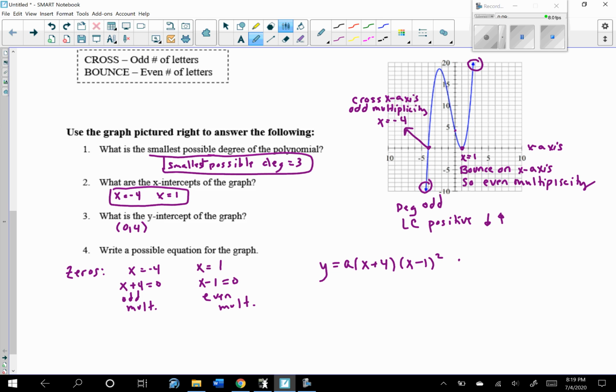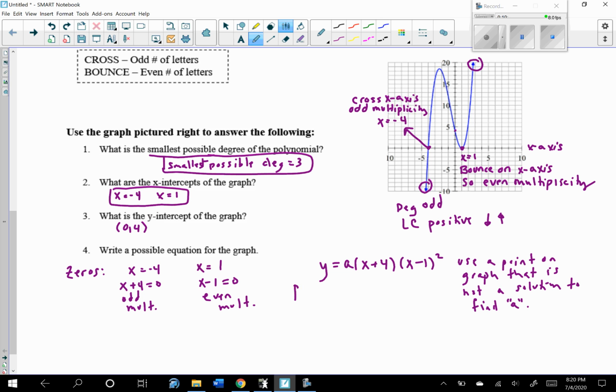So let's go ahead and use a point on the graph that is not a solution, so not an x-intercept, to find A. If we want to find what this A is, we can use any point on the graph that you want to use as long as it's not an x-intercept. Then you plug those values in for x and y and solve.